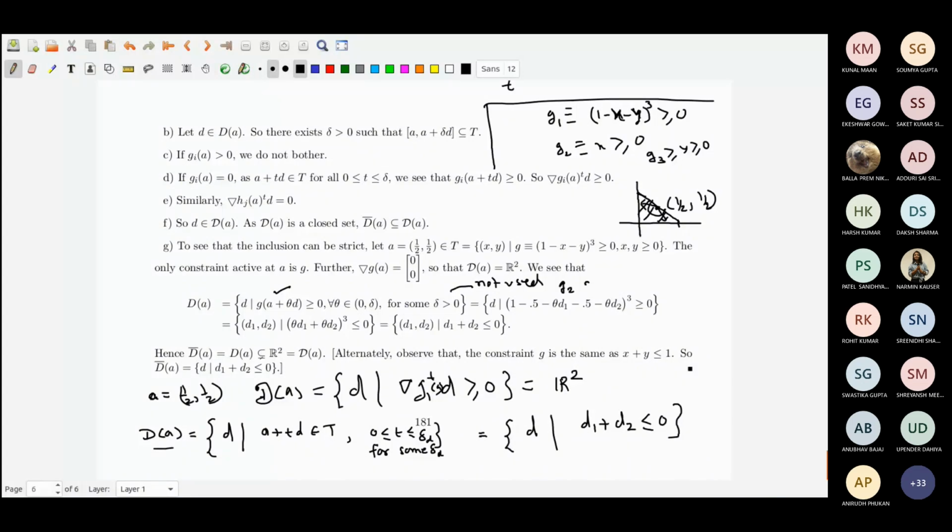To be precise, you should use them. They will not affect anything. So that will turn out to be 0, and that definitely is a closed set, and it is a proper subset of R square.